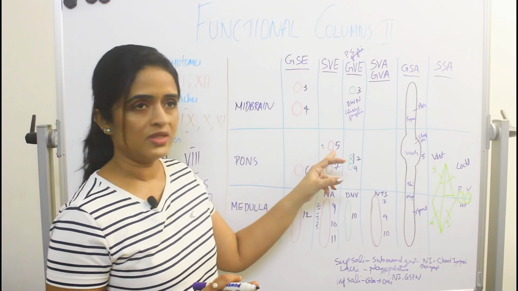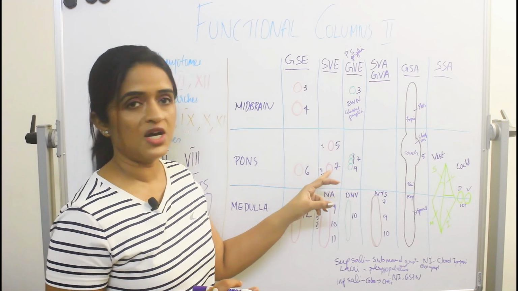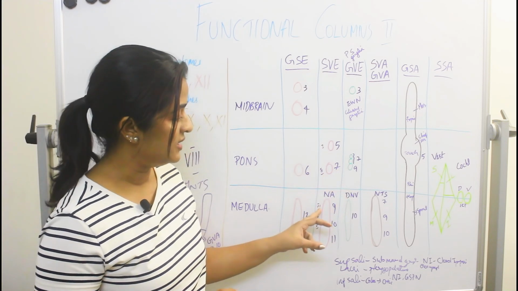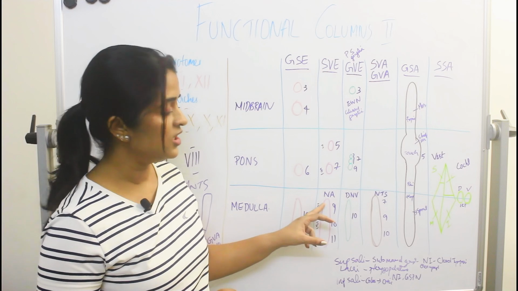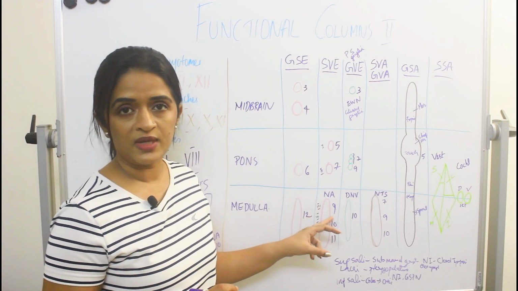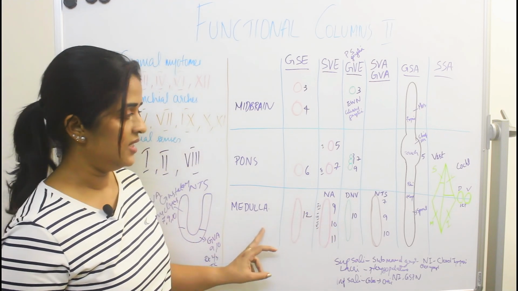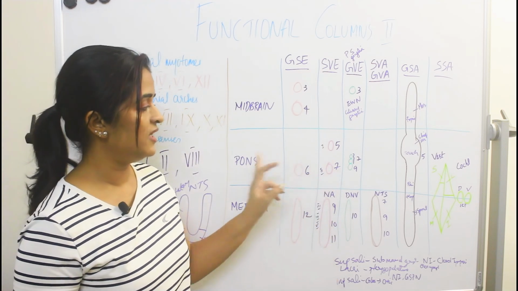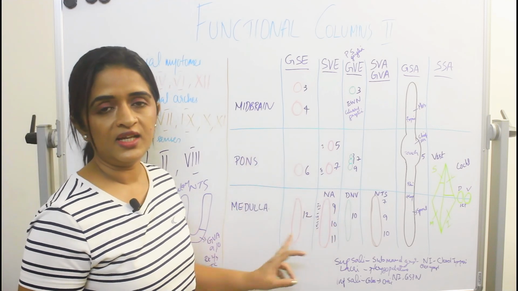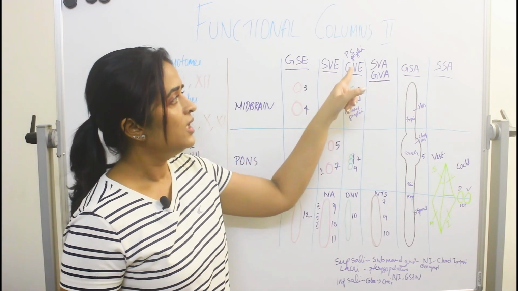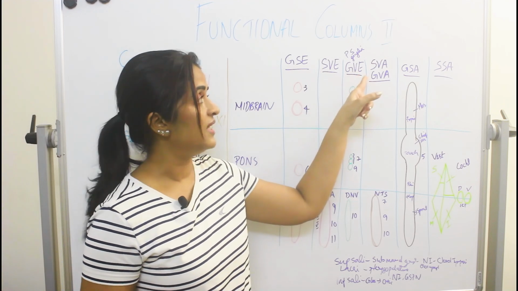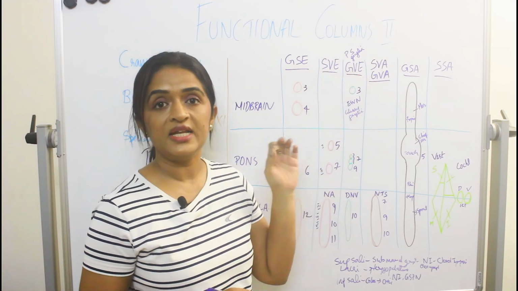We know the first arch has the 5th nerve, the second arch has the 7th nerve, and the 3rd, 4th and 6th will be supplied by 9, 10 and 11. Together you call it the nucleus ambiguus, and they will be seen in the medulla. So 5 and 7 in pons and 9, 10, 11 in the medulla. So that's about special visceral efferent. Now coming to the next column, that is general visceral efferent.